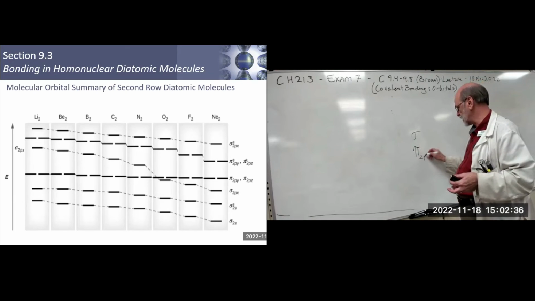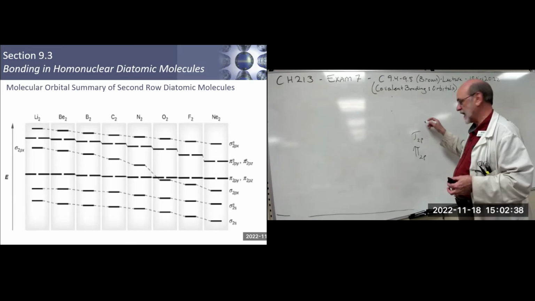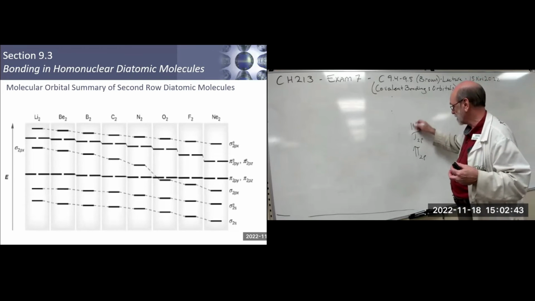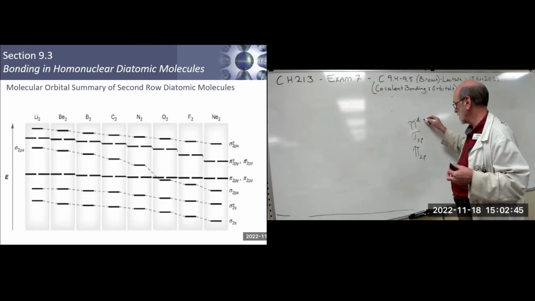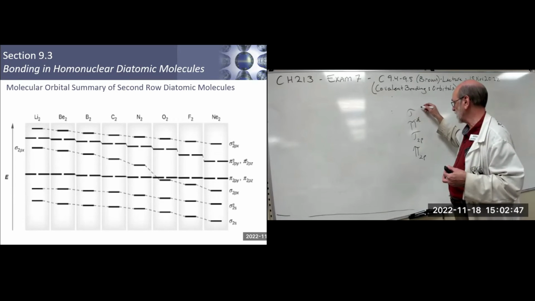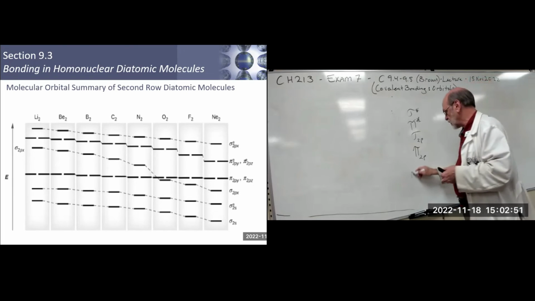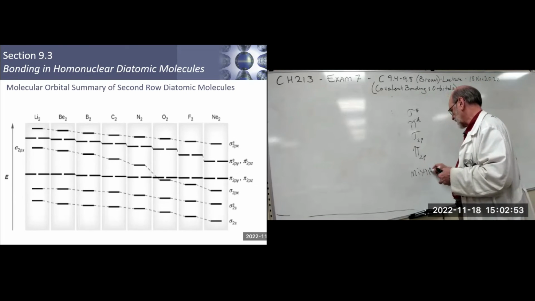So these are from the 2p's and this is from the 2p's. And then the antibonding for the pi occurs here, and the antibonding for the sigma occurs here. So that's with sp mixing.